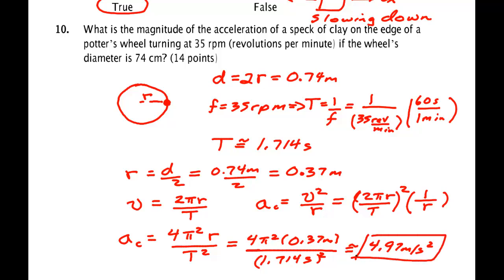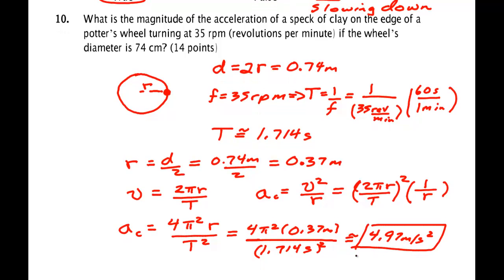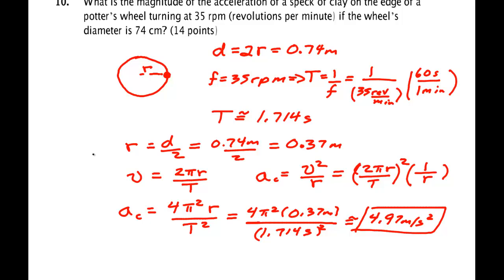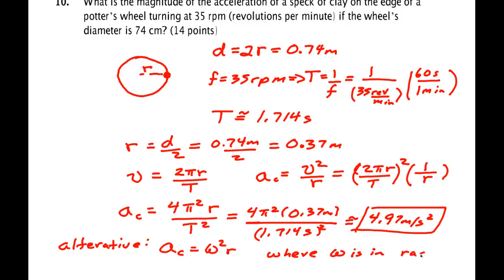Now, you could have worked this problem using a_c equal to omega squared r, where omega is in radians per second and is known as the angular frequency.